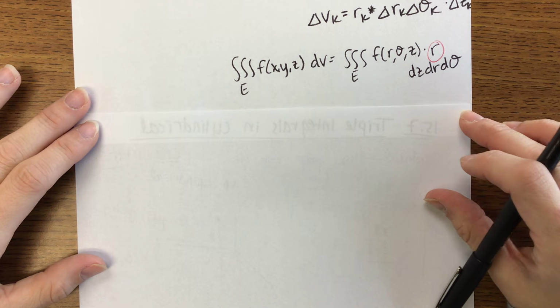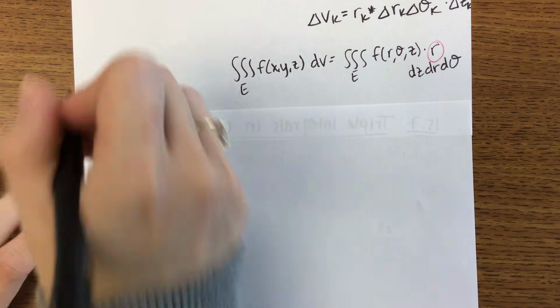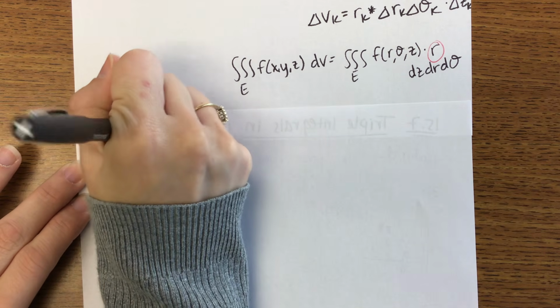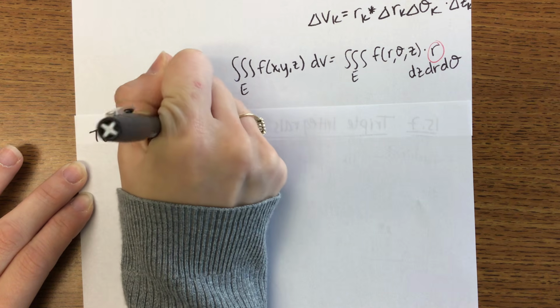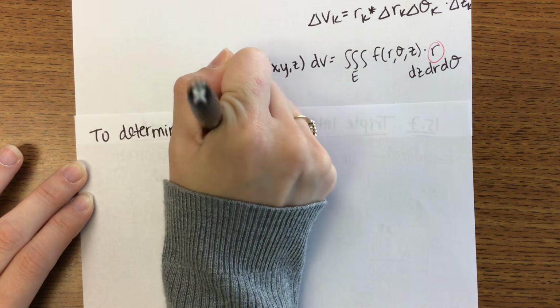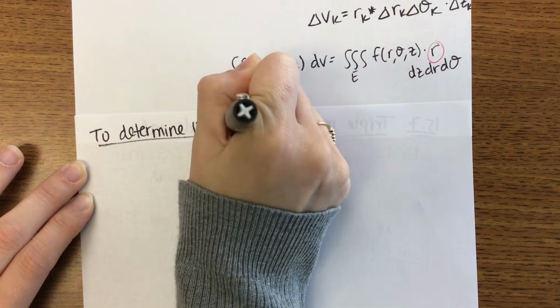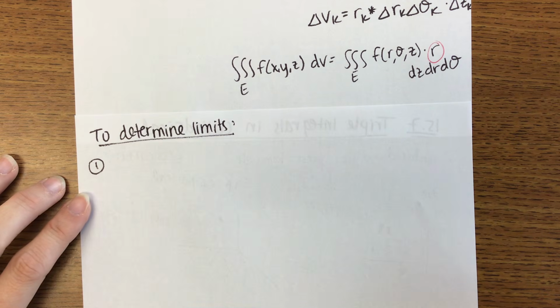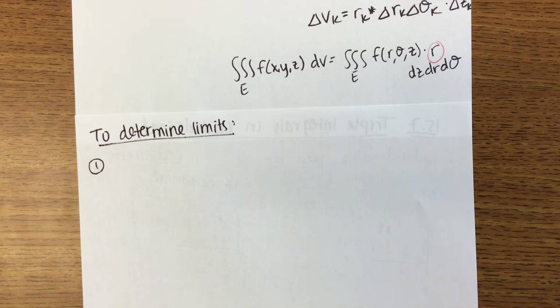Great. Okay, I want to talk about how to determine limits before we look at examples. Remember how with triple integrals we looked at a bunch of different examples where sometimes you integrated with respect to z first, and then sometimes y, and sometimes x? Cylindrical, you're always going to integrate with respect to z first.